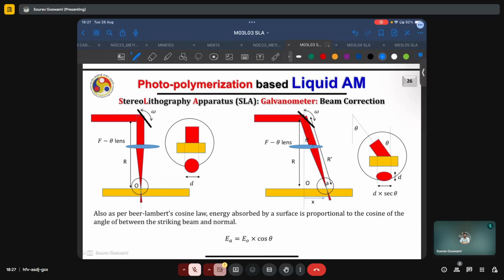That is controlled by Beer-Lambert's cosine law, where we see that the energy absorbed by a surface is proportional to the cosine of the angle between the striking beam and the normal. E_A equals E naught cos theta, where E naught is the maximum energy corresponding to a case where the angle of incidence was zero, or the beam was normal to the plane, and theta being the angle of incidence.